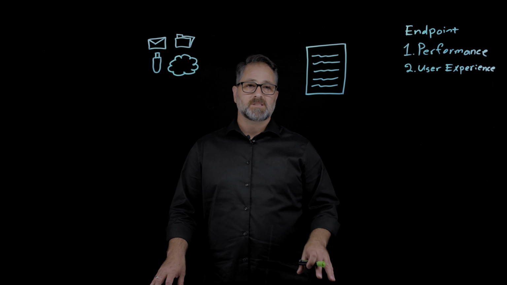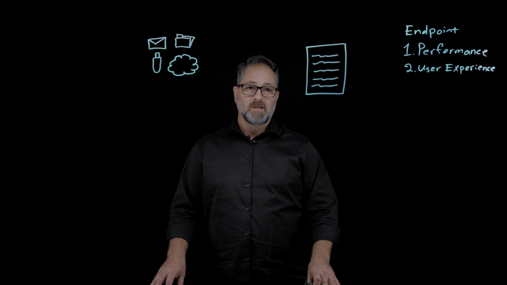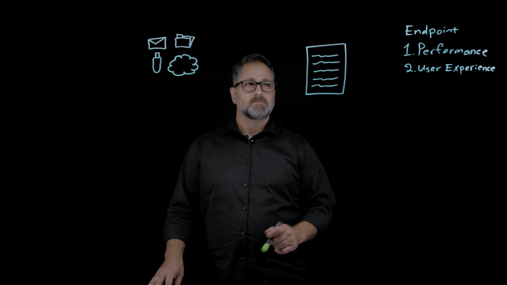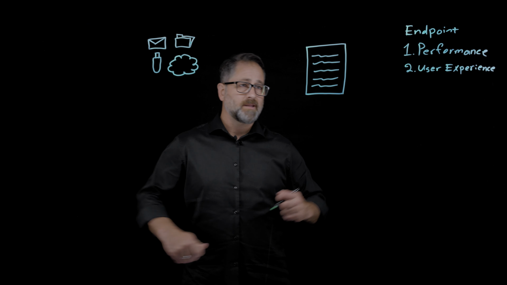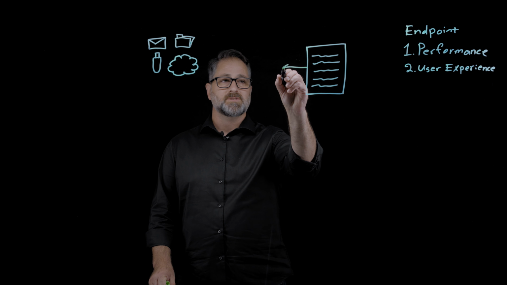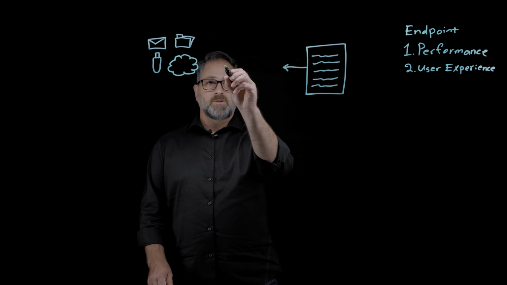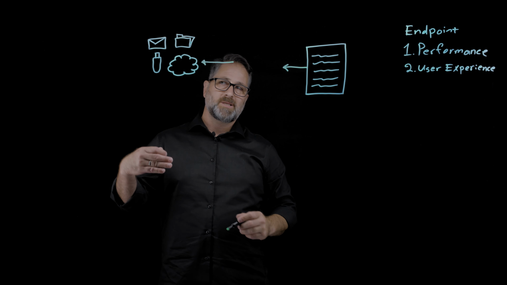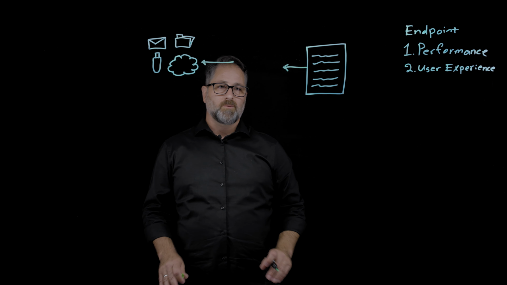Accepting that now, let's talk about how we can get visibility and what that impact does for both performance and user experience. So you have data here that is being transferred, and in some way this data is going to be transferred outside of its normal use, into a cloud repository, a USB, or emailed, or into a network share.